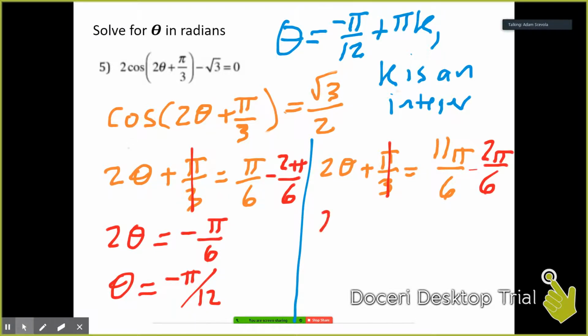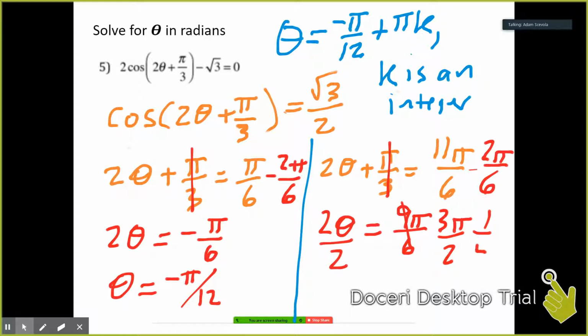So that's going to be 2 theta equals 9 pi over 6, which reduces to 3 pi over 2. And then we can divide both sides by 2. And we get theta equals 3 pi over 4.